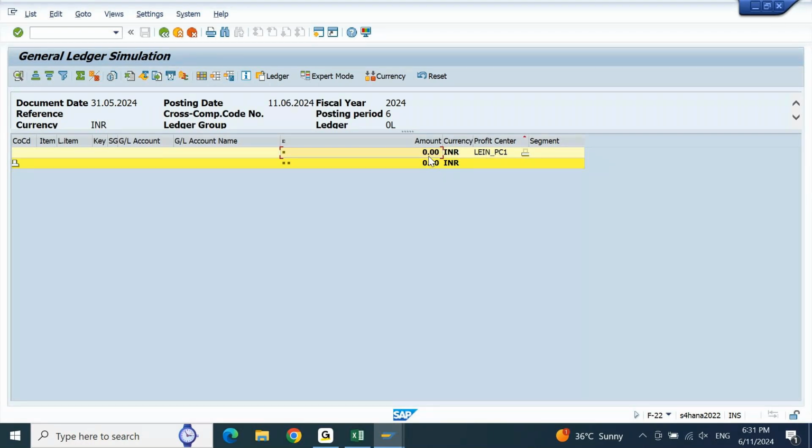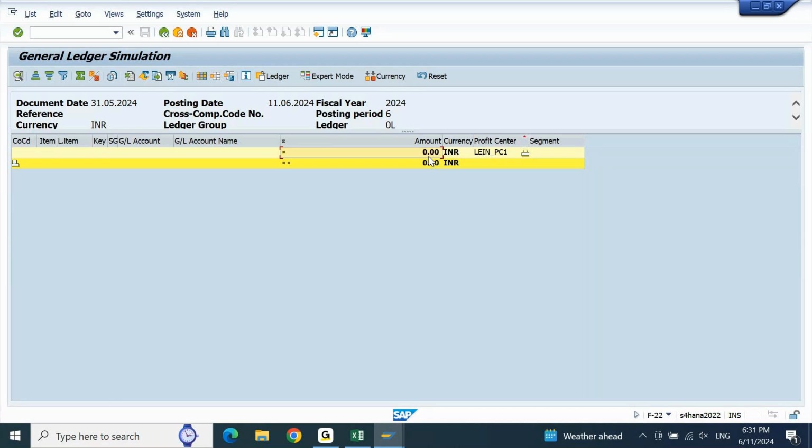In order to generate financials at profit center level, you need to make sure you will be able to make a TB first, because trial balance is the first point before you proceed with P&L and balance sheet. If your TB is not correct, your P&L will not be correct, and your balance sheet will also not be correct. You need to make sure your TB becomes 0.